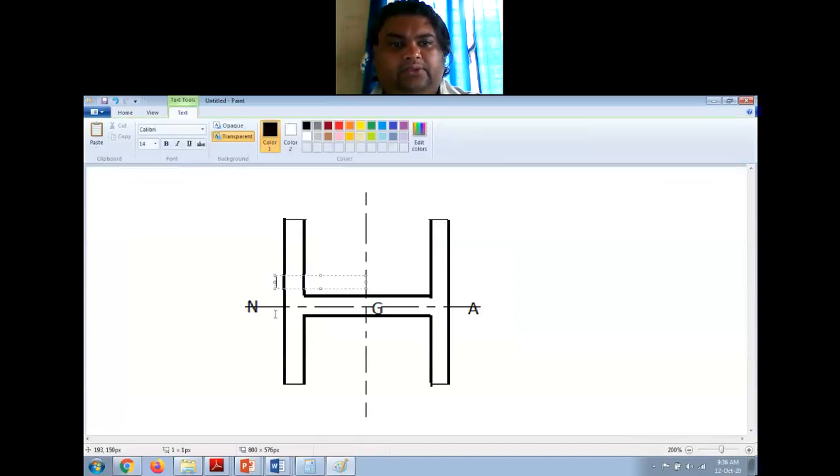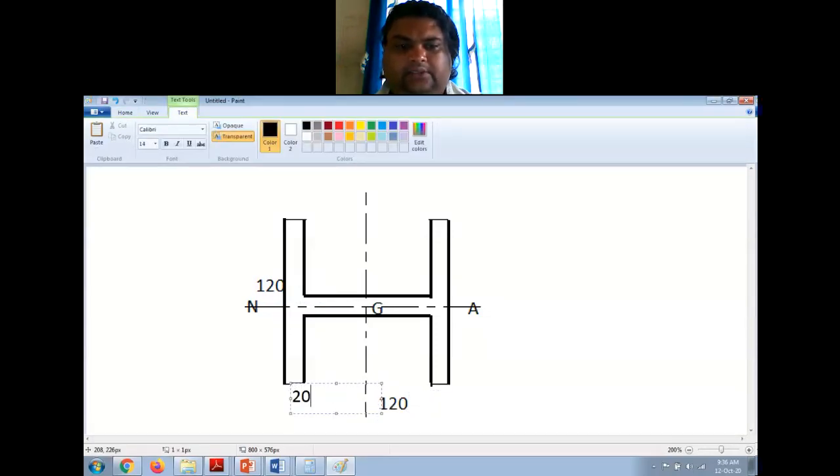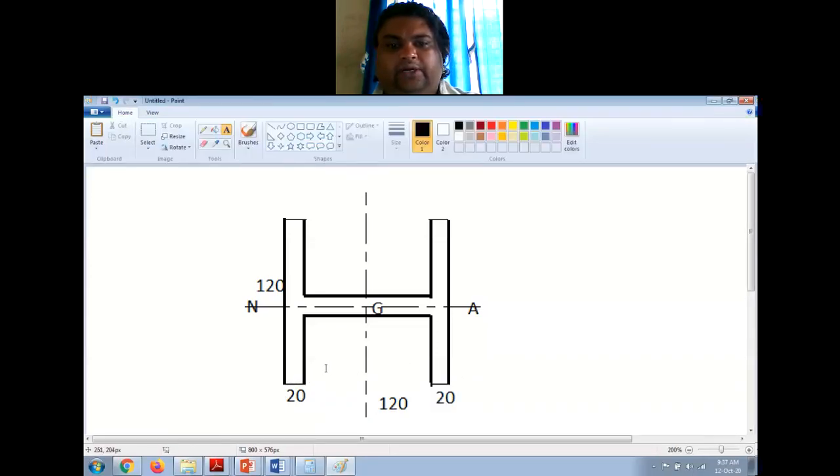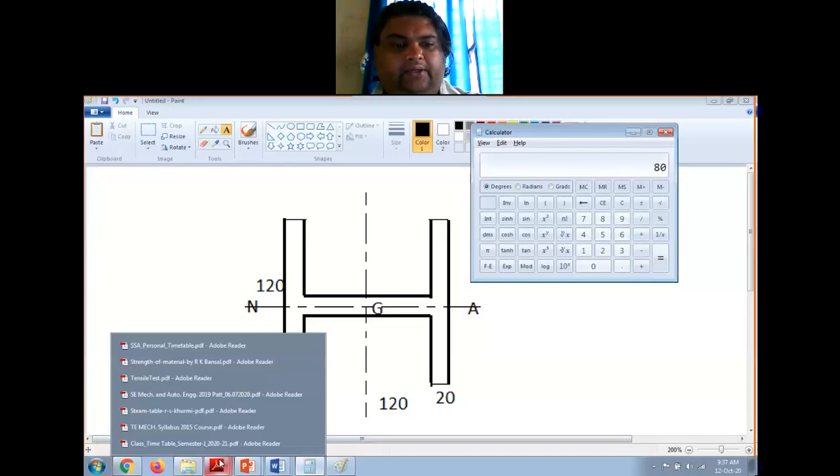Let me put the values. This is 120 and this side is also 120. This thickness is 20 mm and this thickness is 20 mm, right? So this width is 120 minus 20 plus 20, 40. So 120 minus 40 is 80 mm, right?